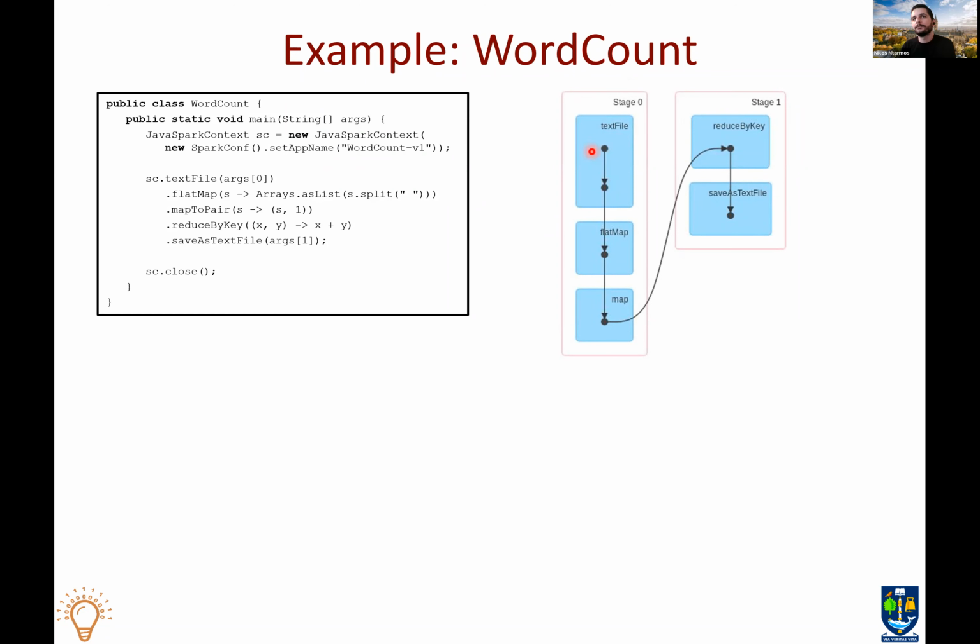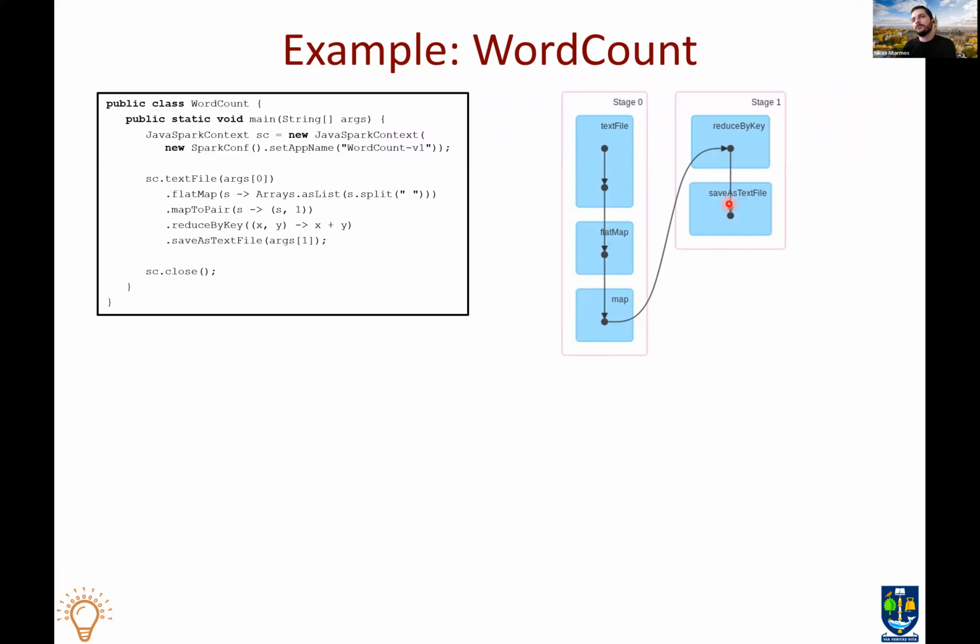I start from my input file, I apply the textFile transformation, I apply the flatMap transformation, I apply the map transformation. This is the mapToPair. And then I have a reduceByKey, but the reduceByKey is a wide dependency. So this is where my first stage finishes and my second stage begins. And then I have a saveAsTextFile.